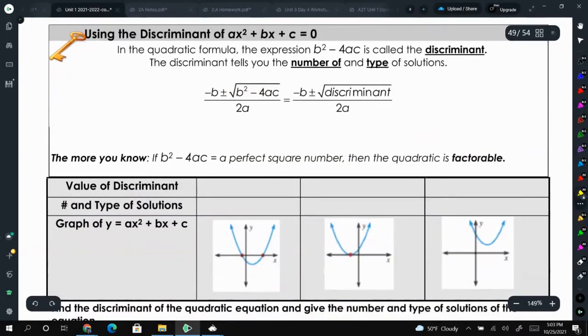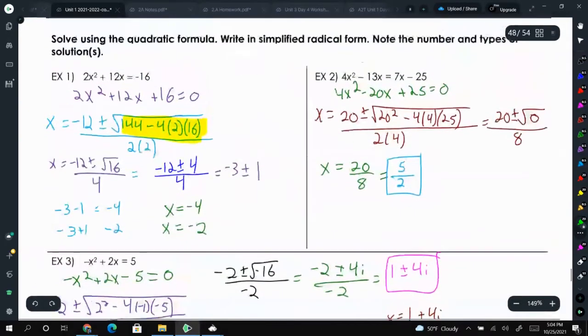Now, I've alluded to the discriminant before. The discriminant is the stuff underneath the square root, and that's what I typed in the calculator to save a little bit of time. And the discriminant tells us a lot of things. One of the things it tells us is if an equation is factorable. If that discriminant is a perfect square, then we could factor that. Well, let's look up here.